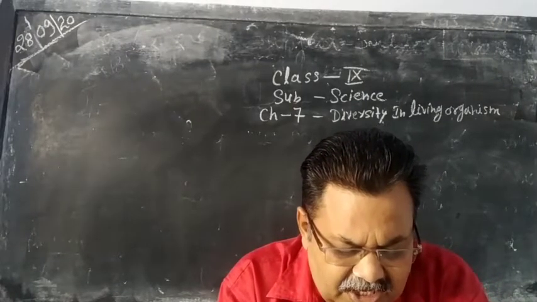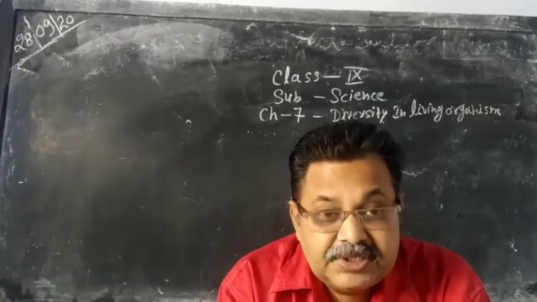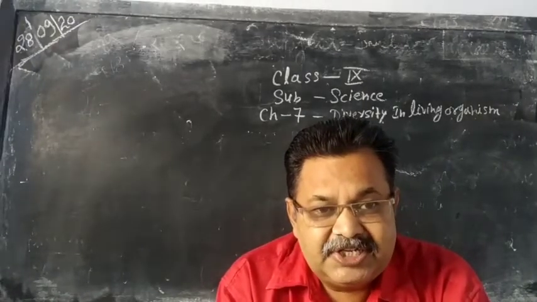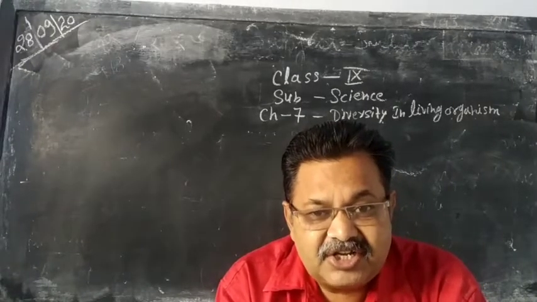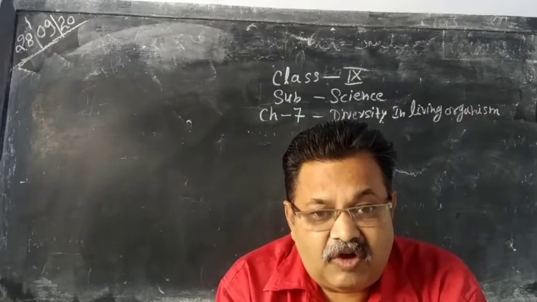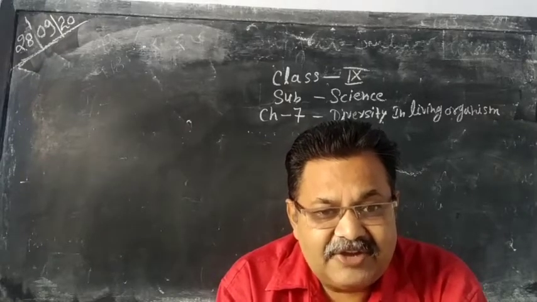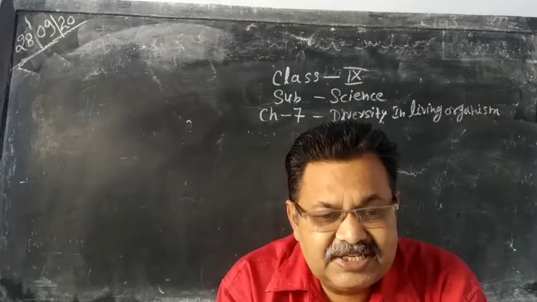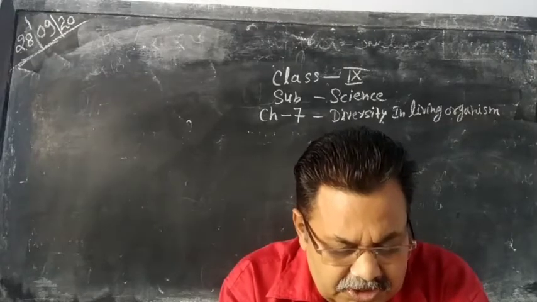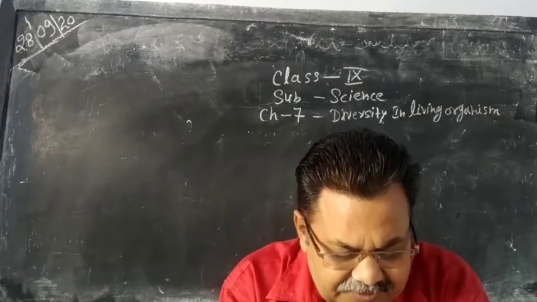Biodiversity means the diversity of life forms. The meaning of biodiversity is the differentiation of life forms, or different kinds of life present in our nature. So it is known as diversity.